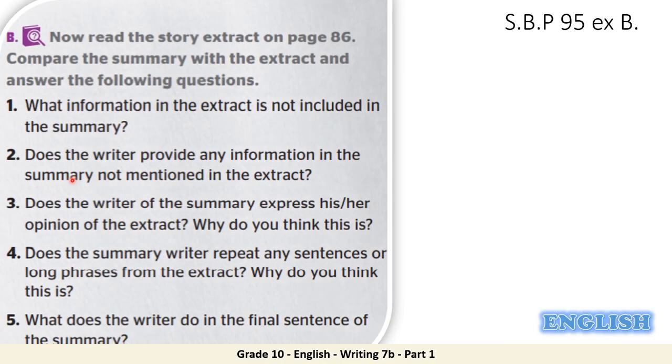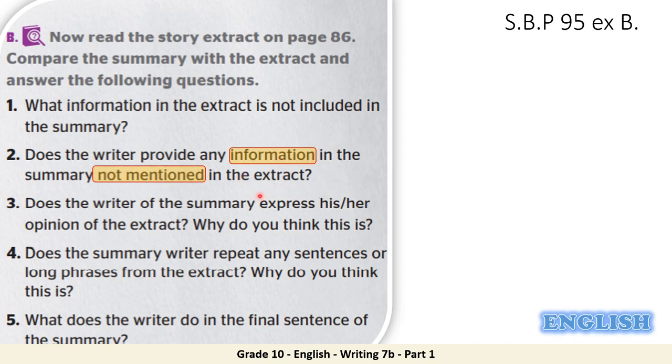The second question is, does the writer provide any information in the summary not mentioned in the extract? So, what are the keywords here? He's asking about information which is not mentioned in the extract. So, have you found any kind of information that's not mentioned in the extract?